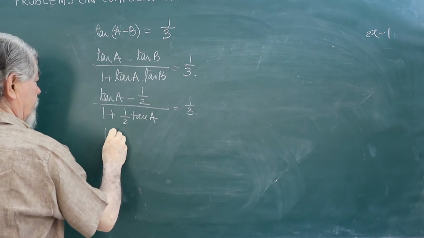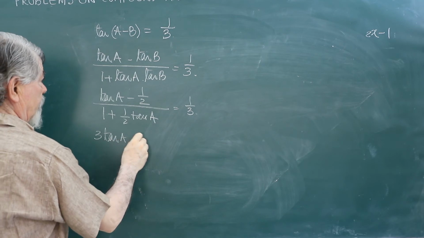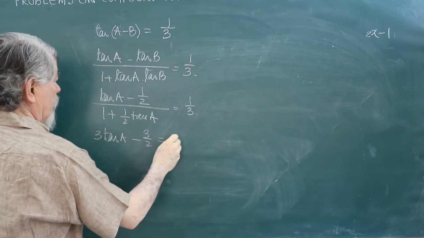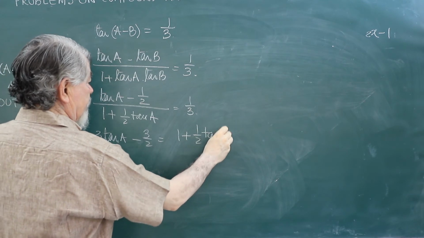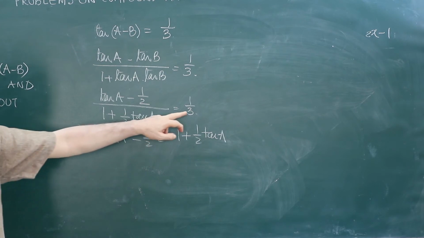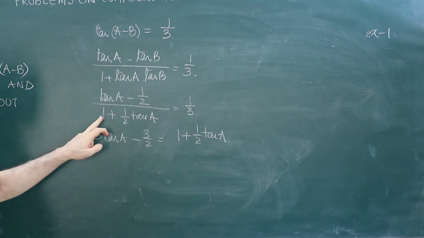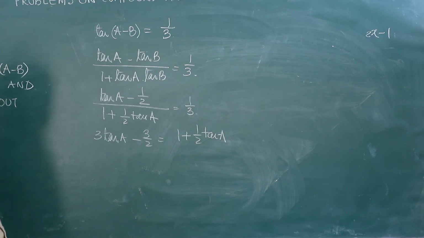If I cross multiply, 3 tan A minus 3 upon 2 will be equal to 1 plus half tan A. We cross multiply: 3 into tan A is 3 tan A, 3 into half is 3 upon 2, and 1 plus half tan A will multiply with 1, you will get the same thing.